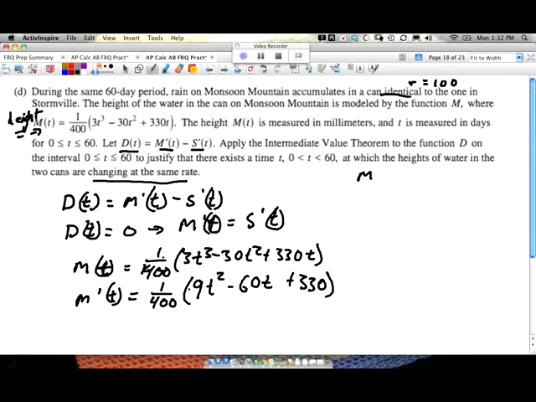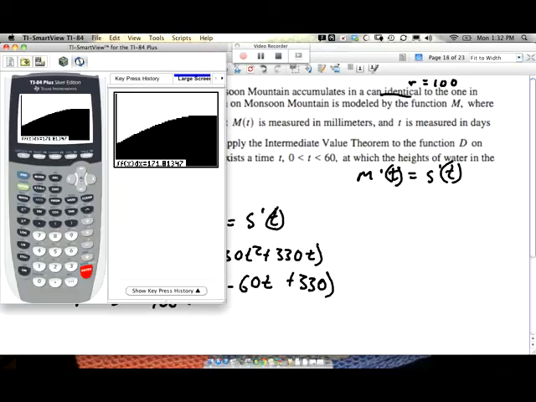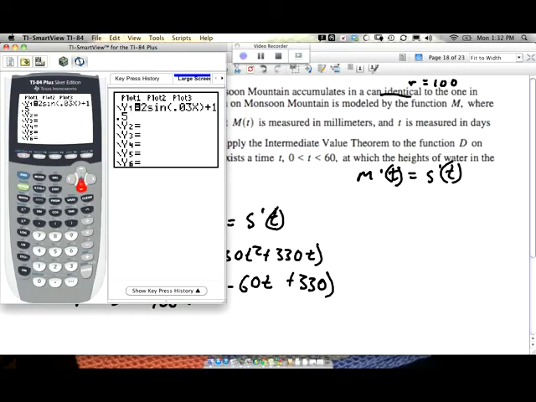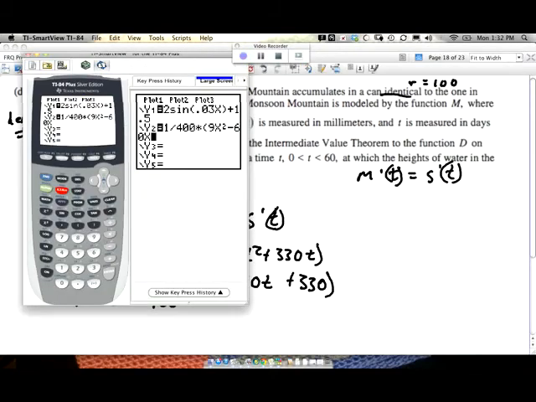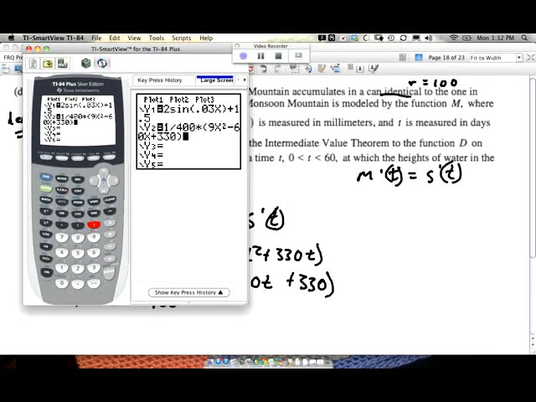And now all I have to do is figure out when M prime of t equals S prime of t. Well, I've got a calculator, so I can plug that in. I'm going to go to my y equals and plug in a new function, which is 1 divided by 400 times 9 times the variable squared minus 60 times the variable, plus 330.